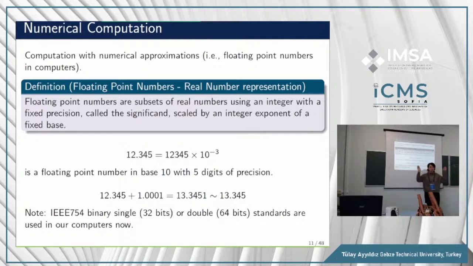So we have 64 bits, and this is how we can actually store the numbers. So we don't have a representation of every single real number.